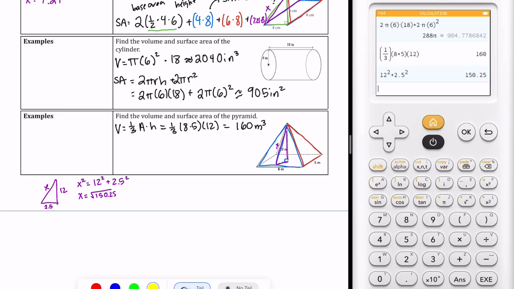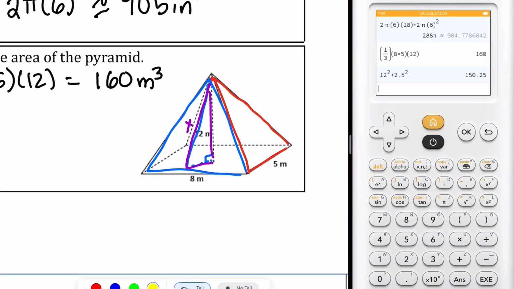Okay, so now we need to do the same thing to figure out what's the height of this red triangle here. And again, to do that, we have this new right triangle. I'll use green so we can see it a little better. All right, green.